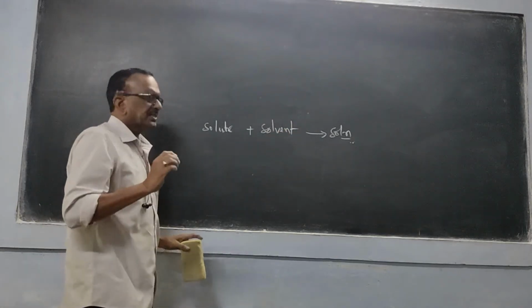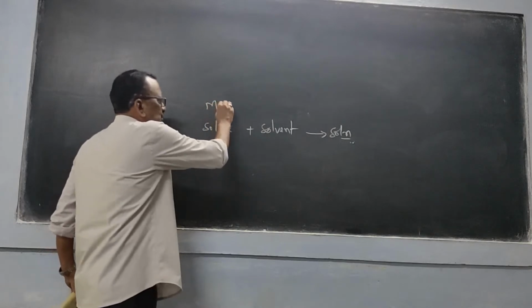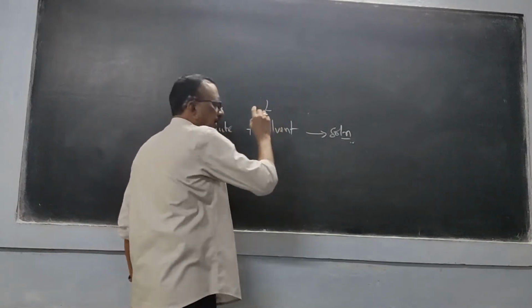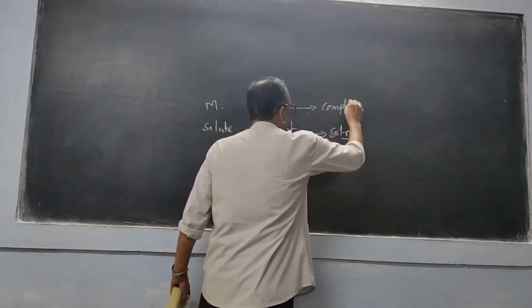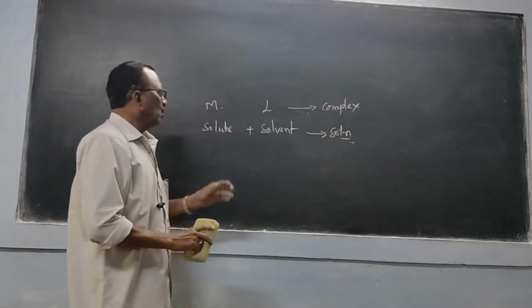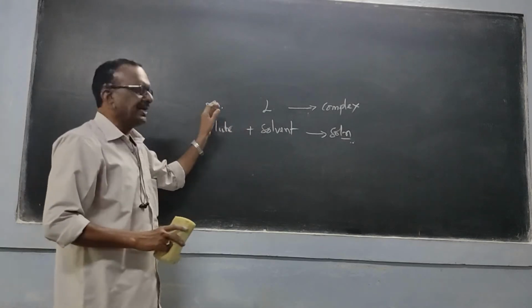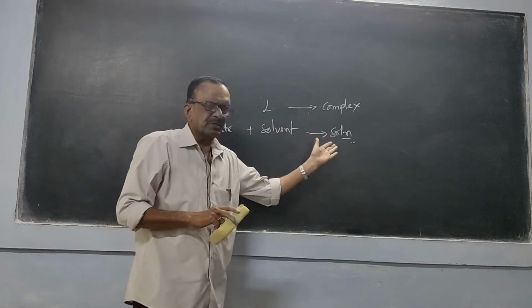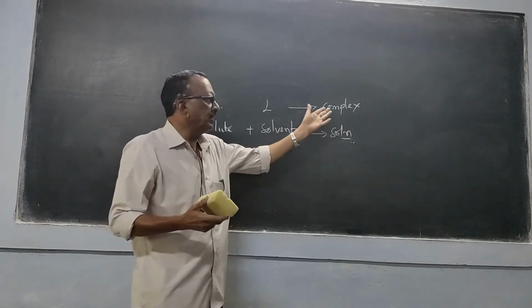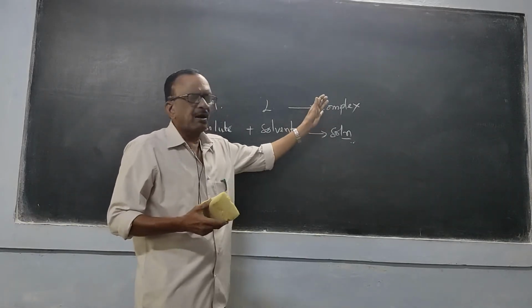Now here let us take metal solution and another one is a ligand solution. Then we are getting a complex. So when metal and ligand solutions are combined, we get a mixture. Solution is also a mixture. So in this mixture we are having a metallic complex.